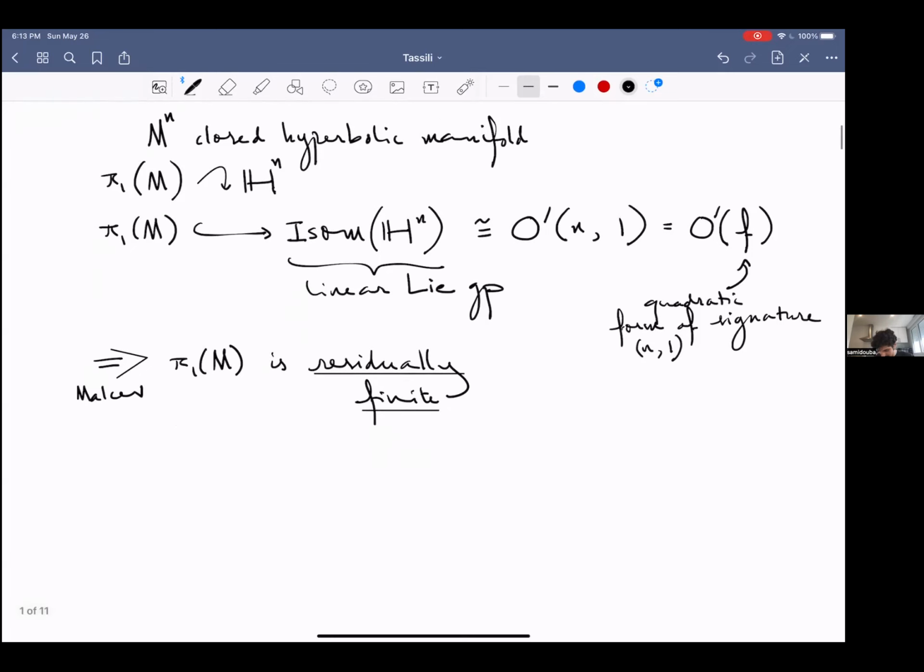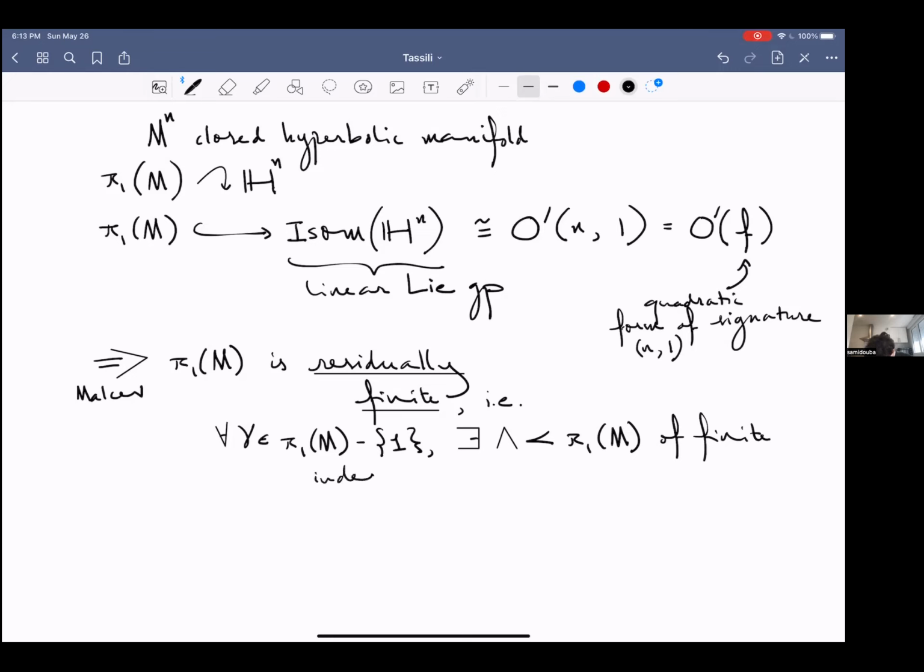This is to say that for every non-trivial element gamma of the fundamental group, I can find a subgroup lambda of finite index, excluding gamma.